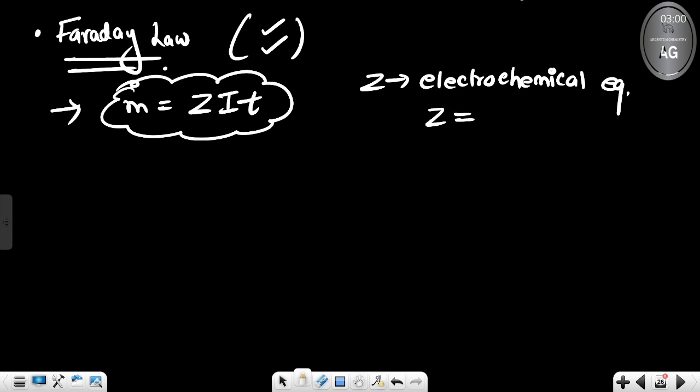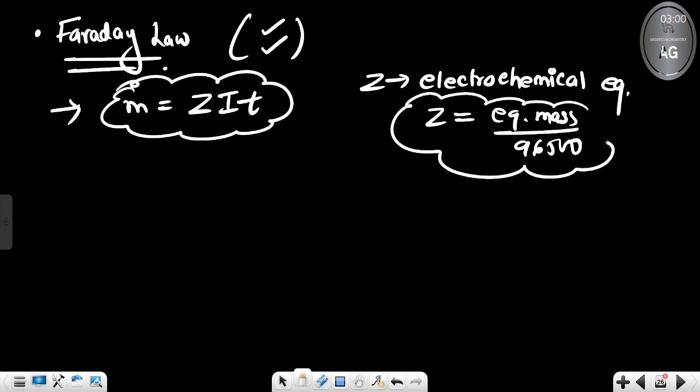Z equals equivalent mass upon Faraday constant. Z equals equivalent mass upon 96,500. Clear? Z is always equivalent mass upon 96,500.